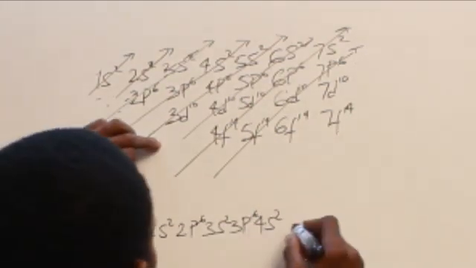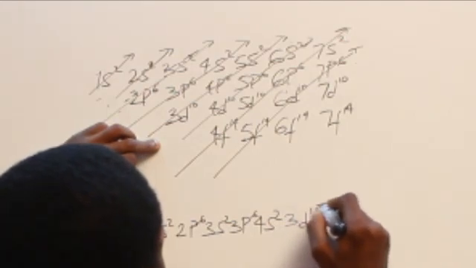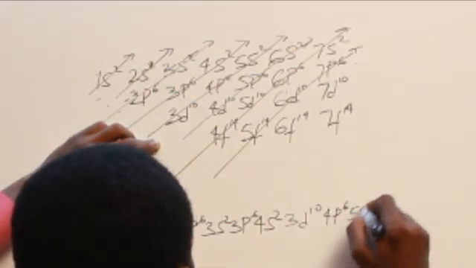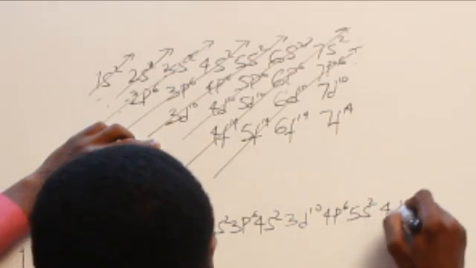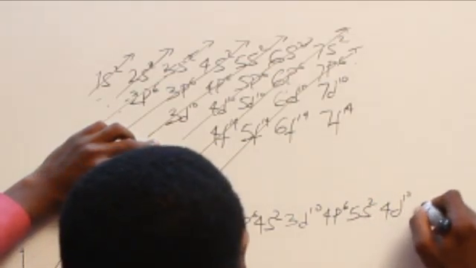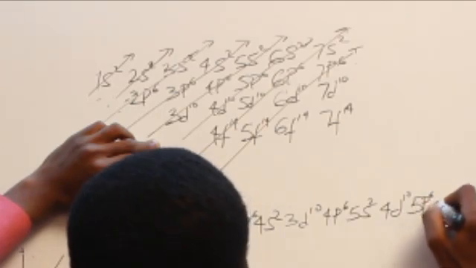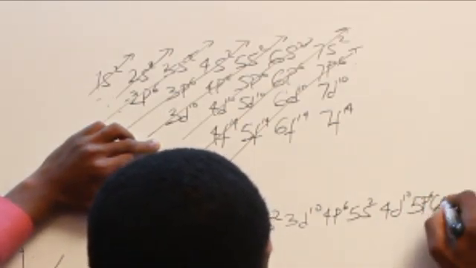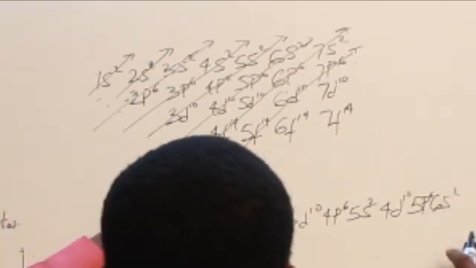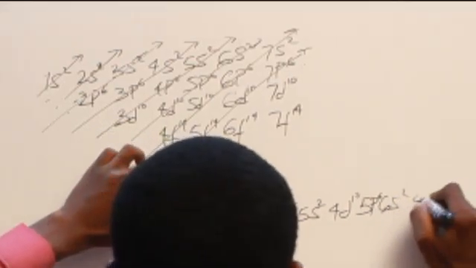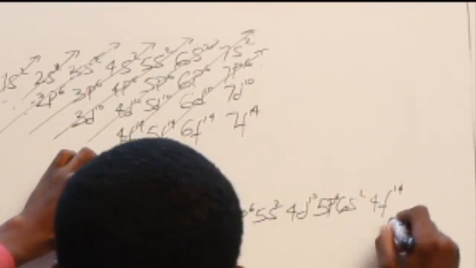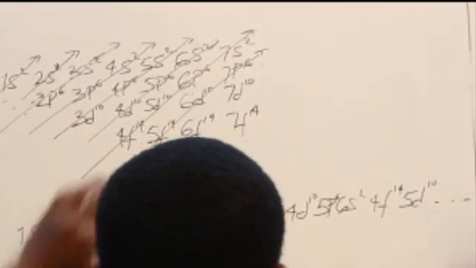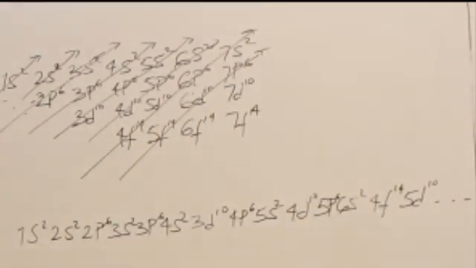Then we'll now have our 3d10, 4p6, 5s2, 4d10, 5p6, 6s2. Before we can have 4f14, 5d10, and like that on.